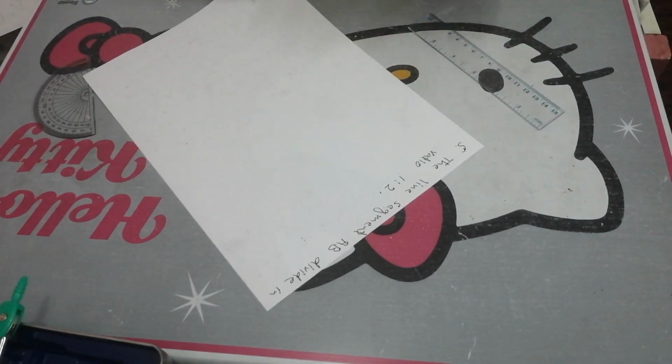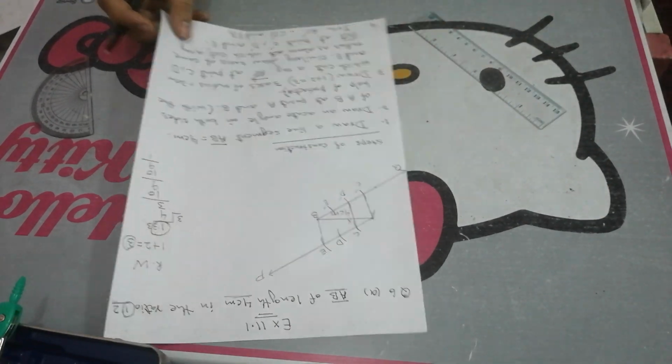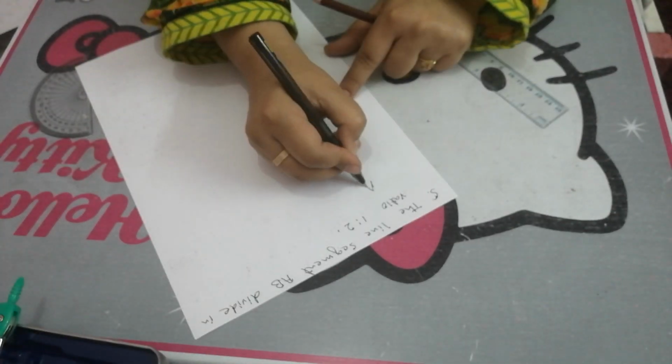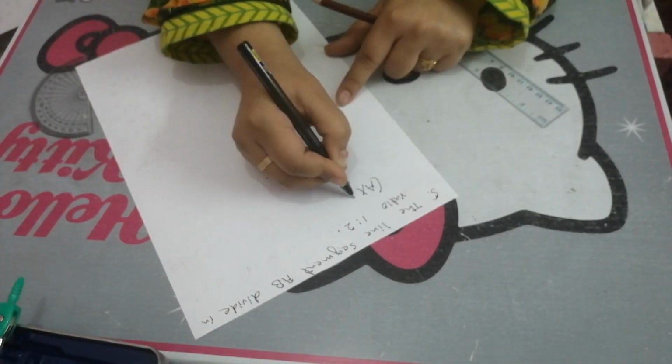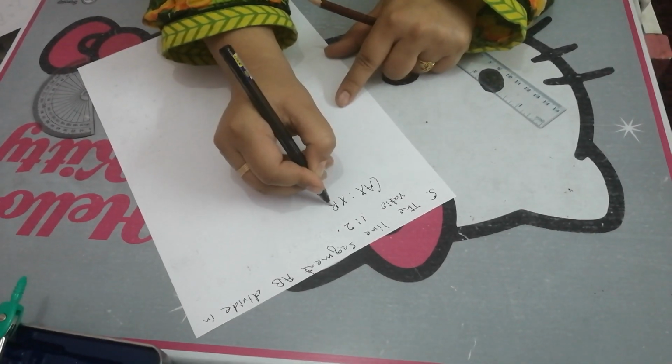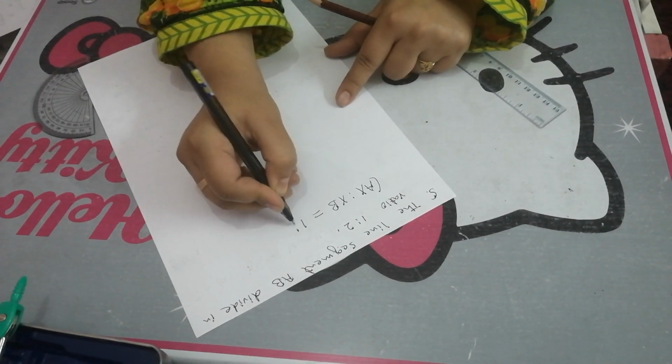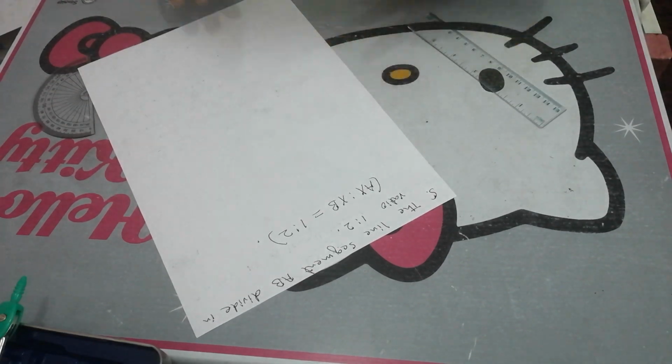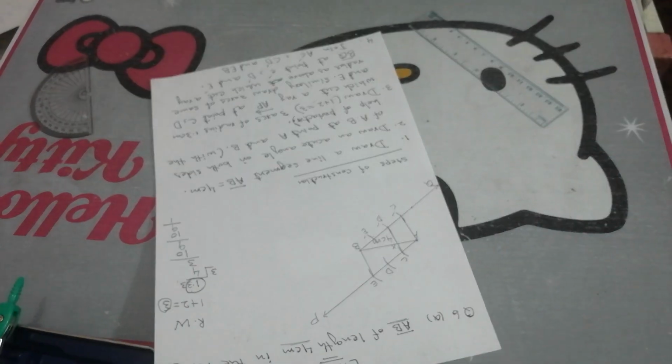Clear? So that is, in brackets you can write, AX ratio XB is equal to 1:2. So your exercise is complete.